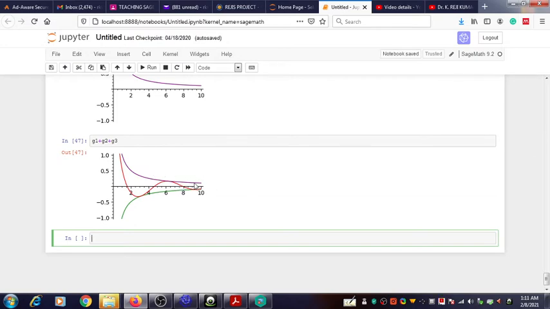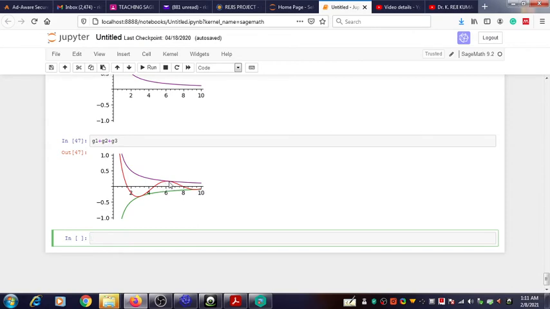As x goes to infinity, the upper curve reduces its value and comes closer and closer to the function value 0. Similarly, consider the lower curve, that is the third function, and you can see that its value is gradually increasing and coming closer and closer to the value 0.